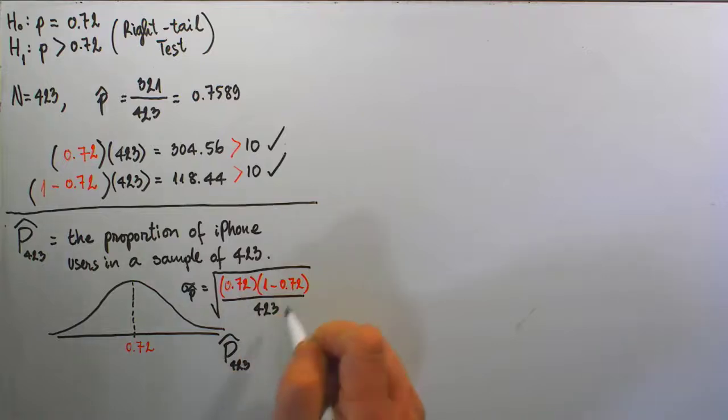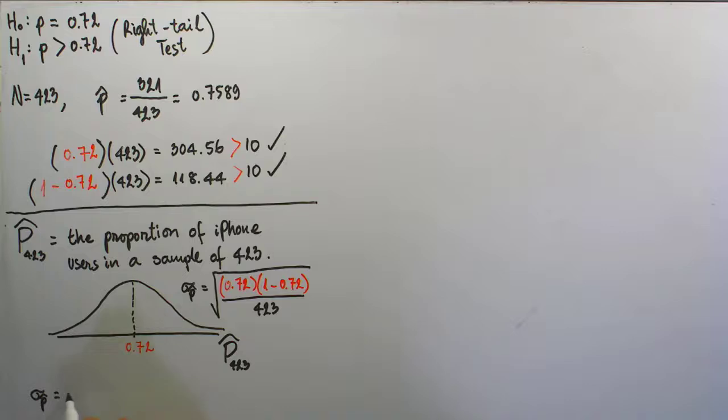All of that is inside the square root. Calculation gave me sigma p hat for this bell curve equals 0.0218. So I use 4 decimal places rounding for my sigma p hat value here, but make sure you watch for your own rounding requirements when it gets to calculating sigma p hat.